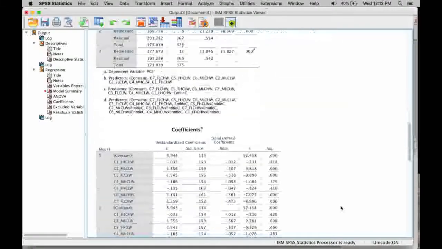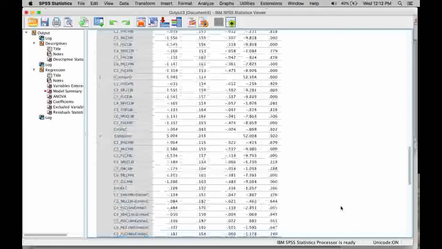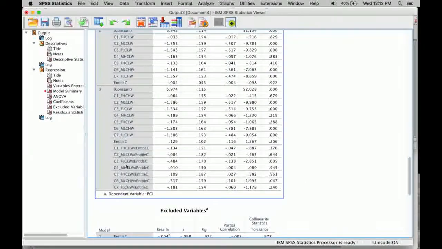So we go down to our coefficients in block 3, and we can see which of the codes were significant.